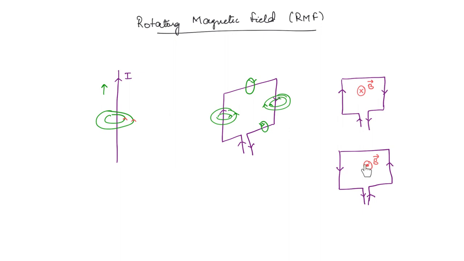Similarly here, if you wrap your fingers such that your thumb is pointing upward, then your fingers will wrap in the counterclockwise sense. This is how you can verify whether the direction you got for the magnetic field is true or not. So that is the difference between a straight current carrying conductor and a current carrying coil.